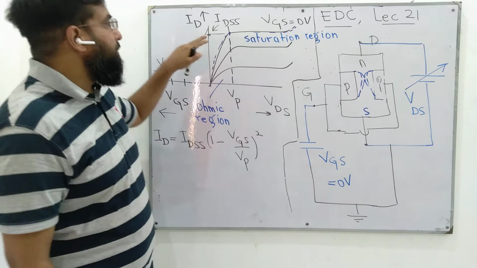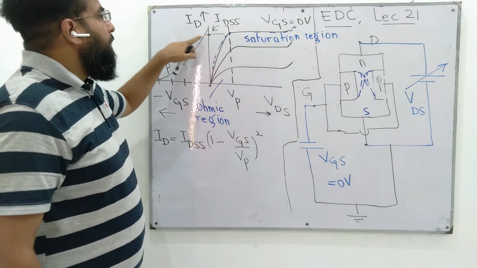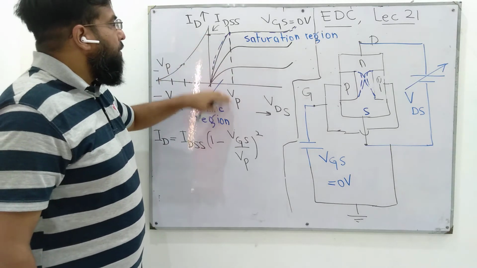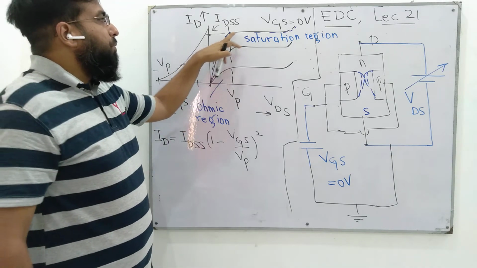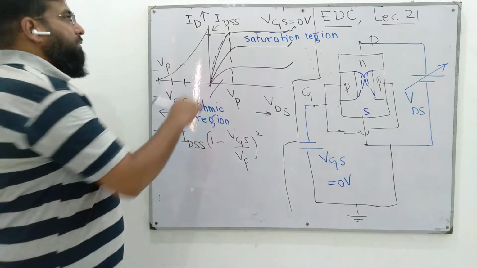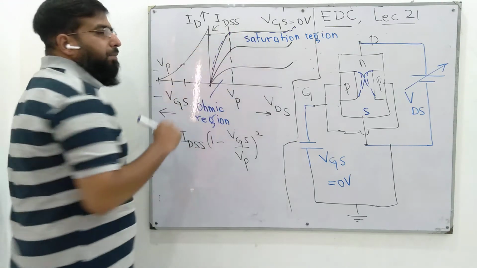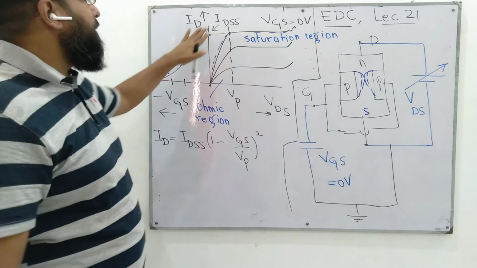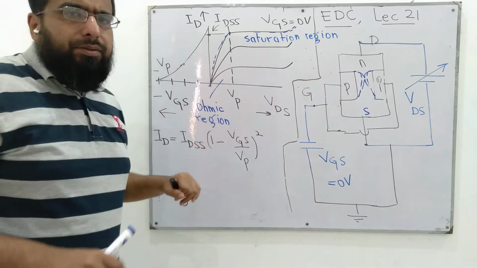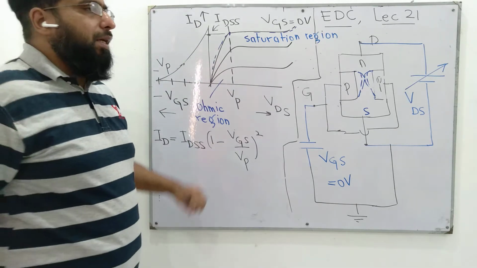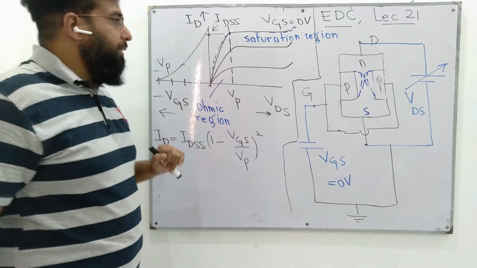The current where the characteristic enters from the ohmic region to the saturation region, we give a special name: IDSS. Any ID can be described in terms of this current.